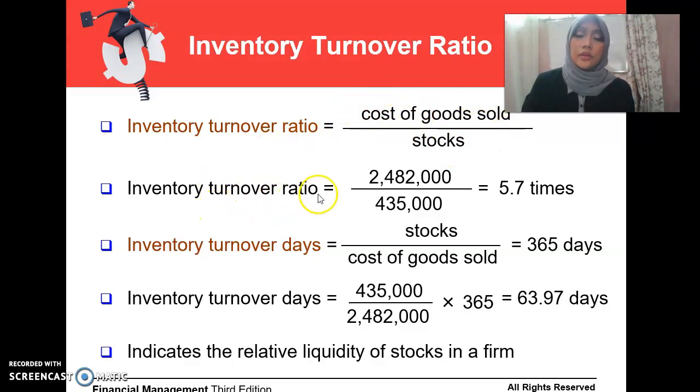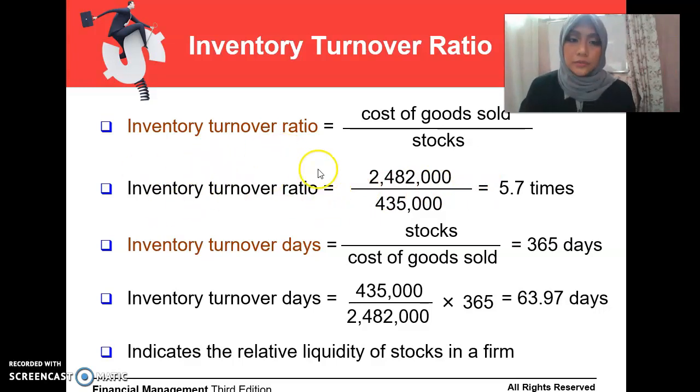So inventory turnover ratio equal to 2 million, this one in the income statement, you just take the COGS over the stock or inventory. It is the same, stock, inventory and goods. So you get 5.7 times. So the firm has the ability to replace 5.7 times for every one of the stock that has been used.